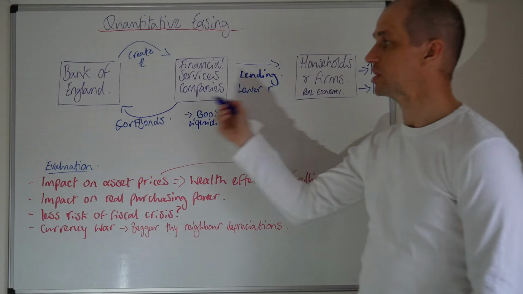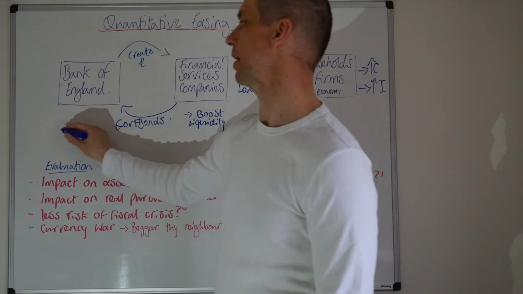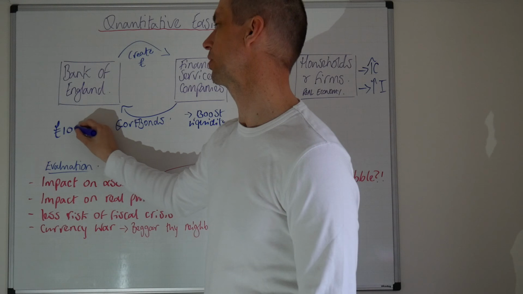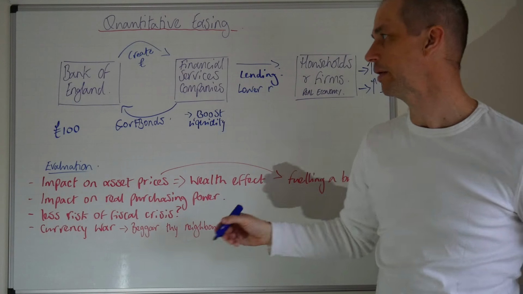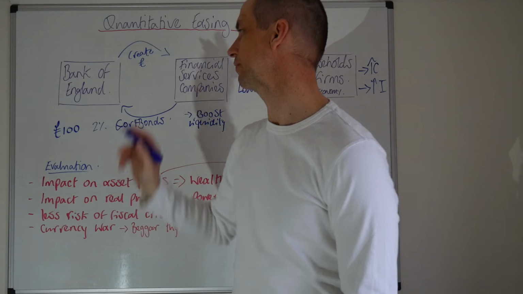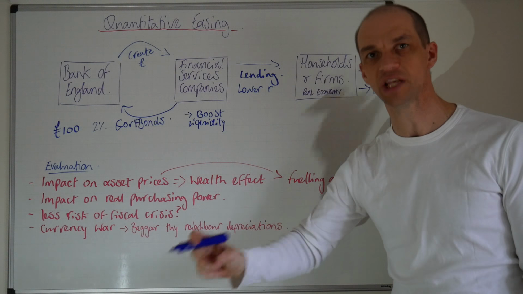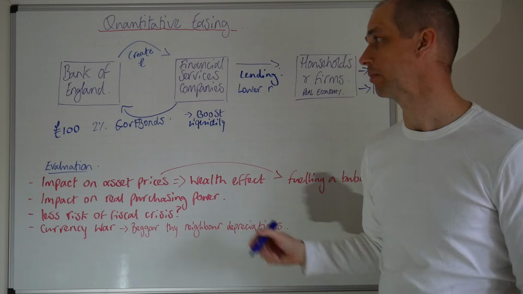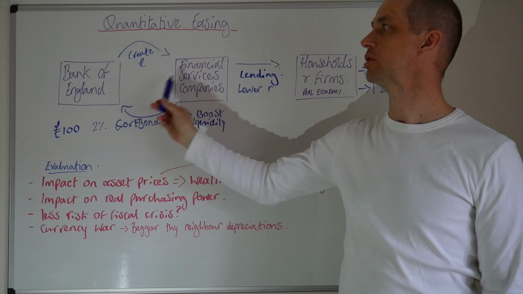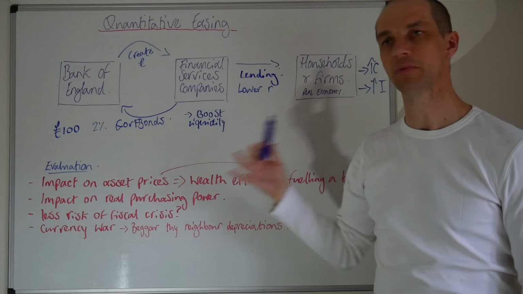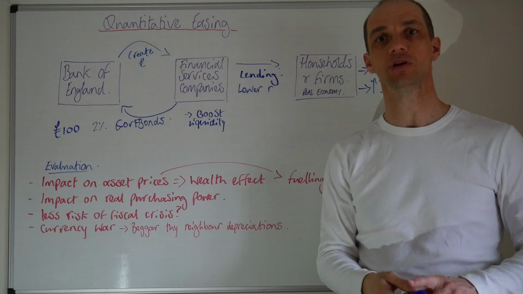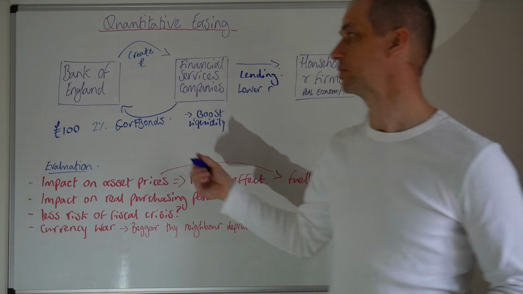Further to this, it's also worth noting that if you think about the way the bond market works, imagine a £100 bond in just a hypothetical situation. Here we might see an interest rate of 2% on a £100 bond for a 10-year period of time. Now, if there's an increase in demand for government bonds, these primary dealers, the finance houses, are going to be able to command a higher price for those government bonds.